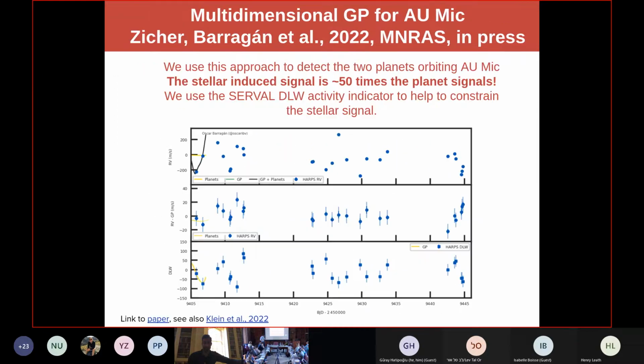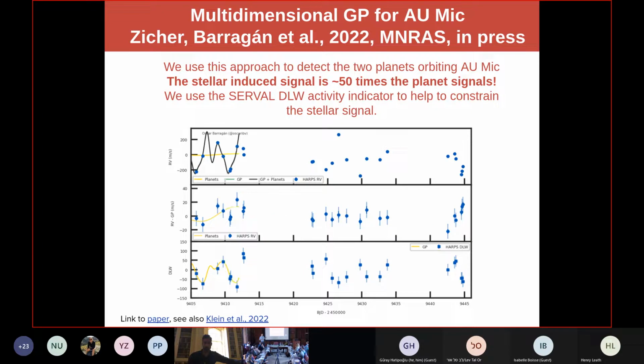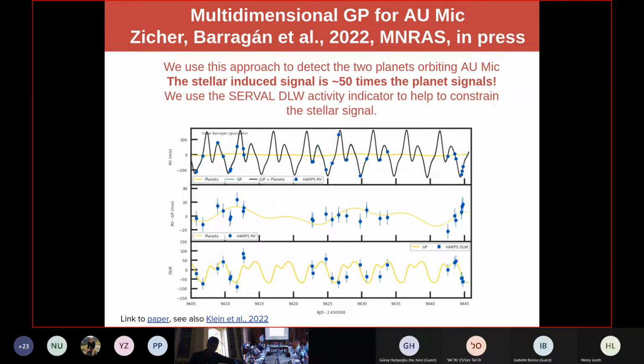One of my favorite ones is this one that we did some weeks ago. It's EUMIC, in which the stellar signal is around 50 times larger than the signal of the planet. Here you can see the observations as the points, and then we have the model, and the planet is this yellow line that practically looks flat in this animation, in which we put the same scale as the stellar activity.